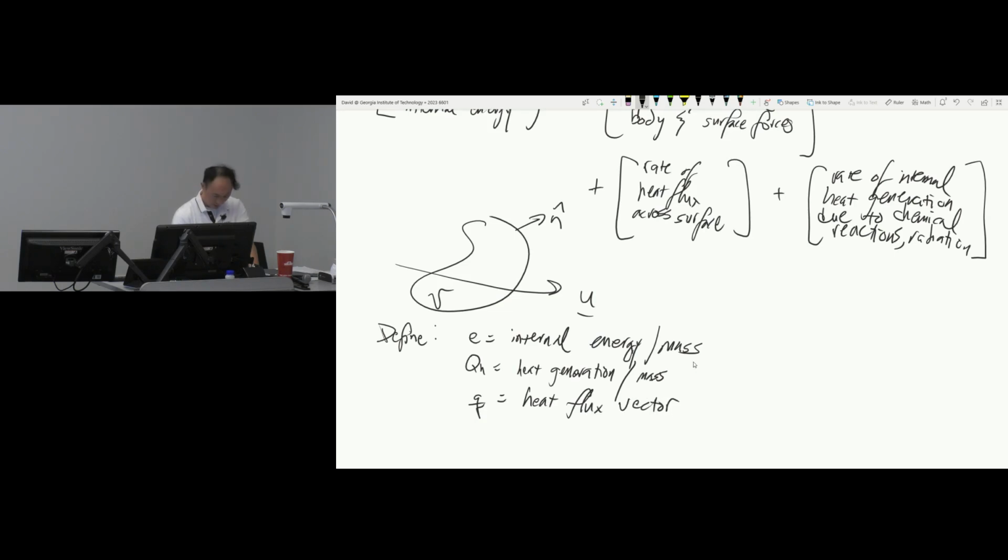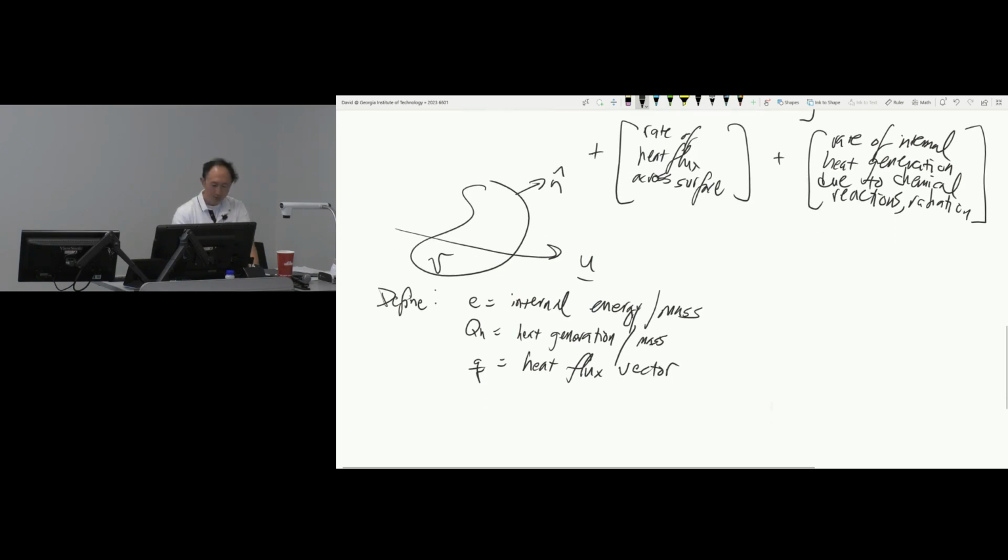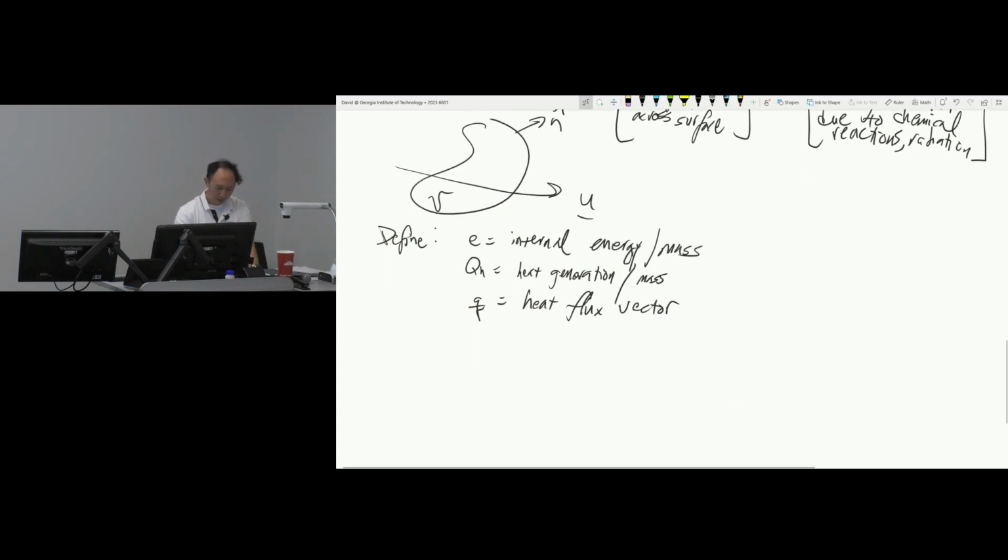And Q is your heat flux vector. That's the direction of your heat flux. And we have the notation such that Q dot N is greater than 0. This means such that. Let me just write it out.